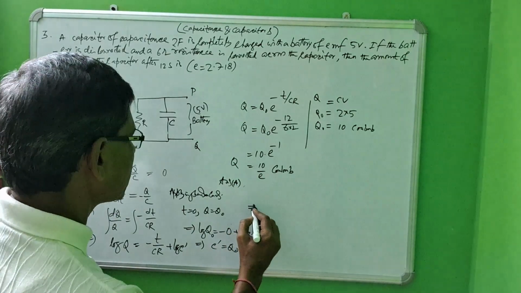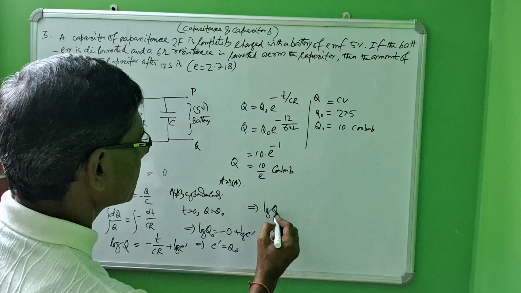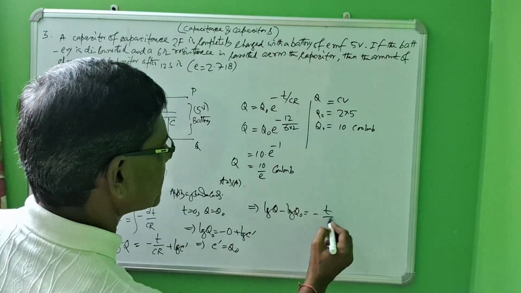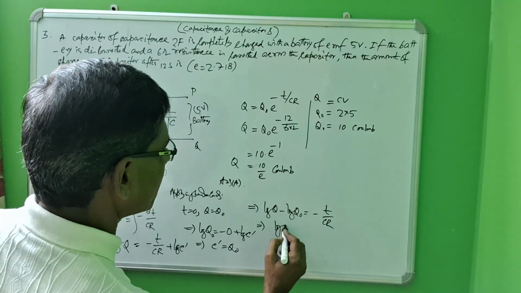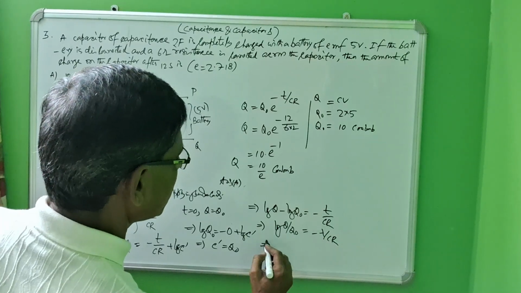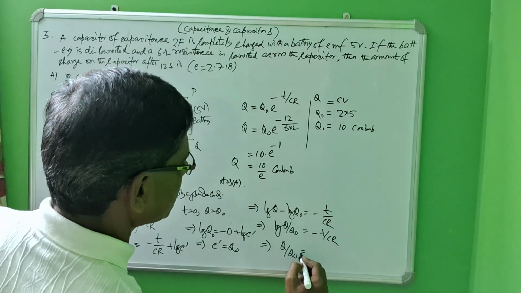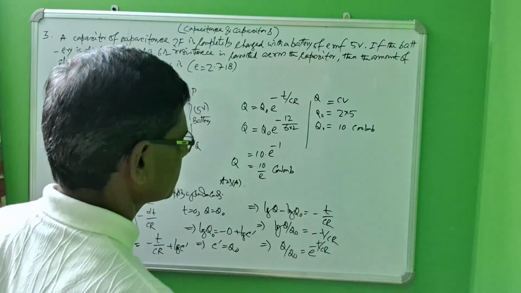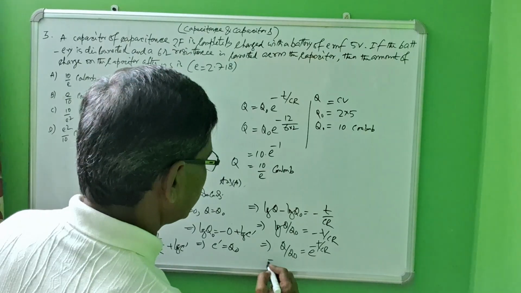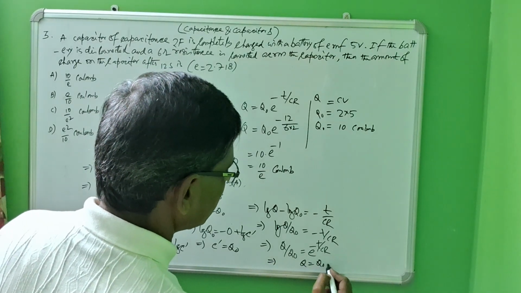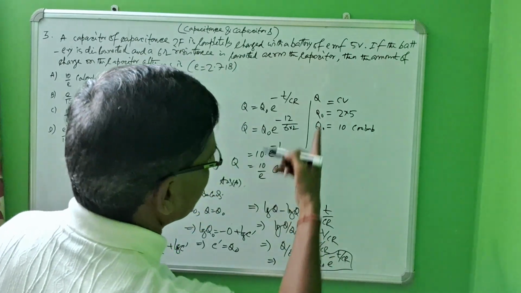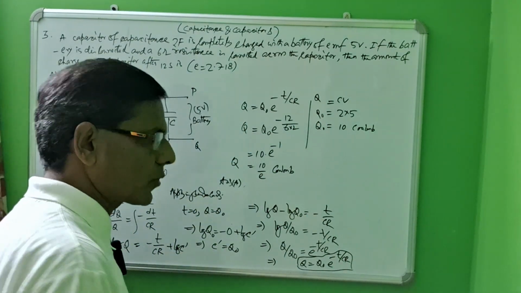So after all we can write log Q minus log Q0 equals minus t by CR, which implies log of Q by Q0 equals minus t by CR, which implies Q upon Q0 equals e to the power minus t by CR. And after all we get Q equals Q0 e to the power minus t upon CR. This relation is applied here to solve the problem.